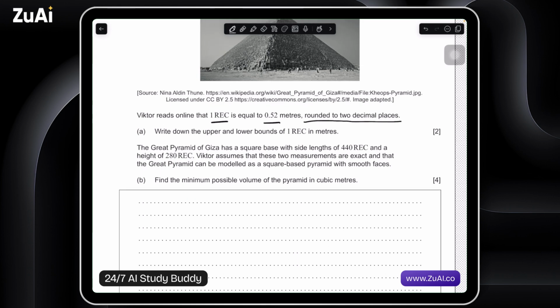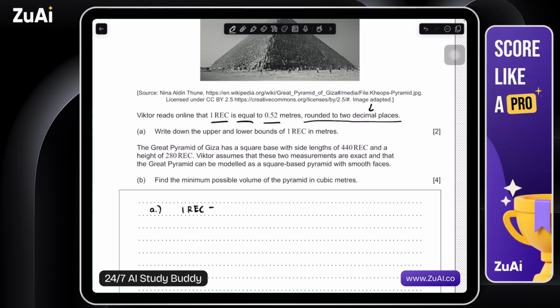So we have 1 REC is equivalent to 0.52, and this is rounded to 2 decimal places. So let's work through this and see what we have. 1 REC is equivalent to 0.52 meters, but it's rounded to 2 decimal places, so this value right here.